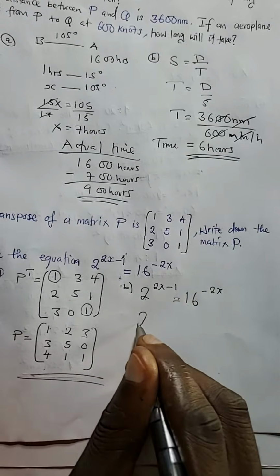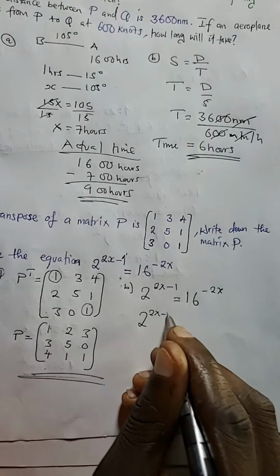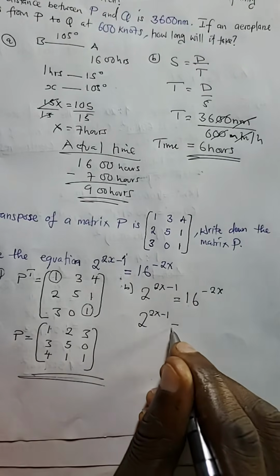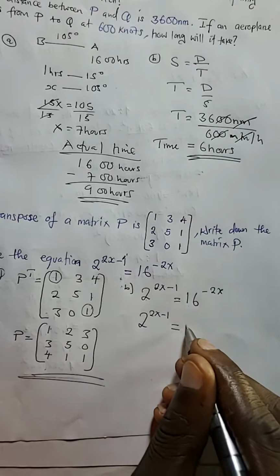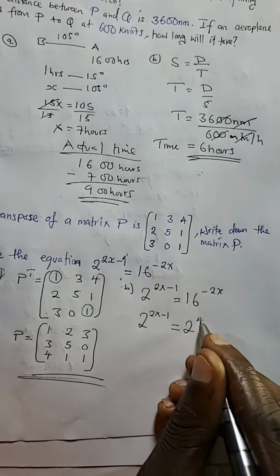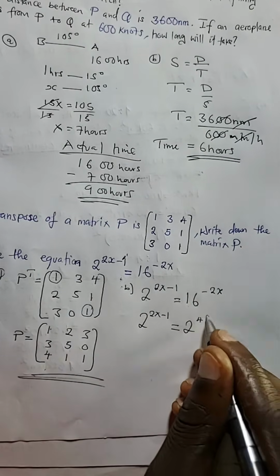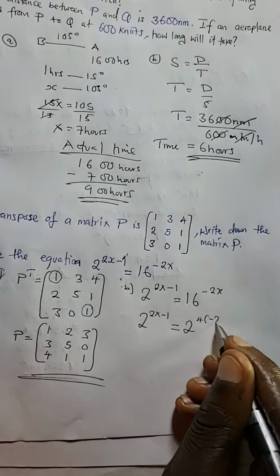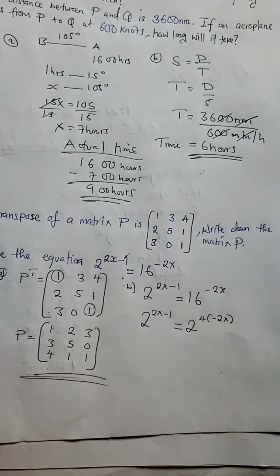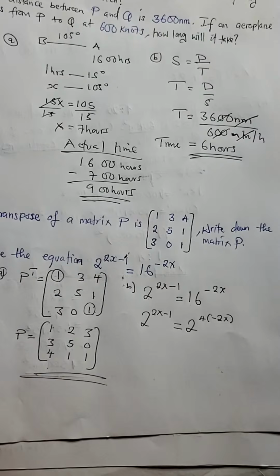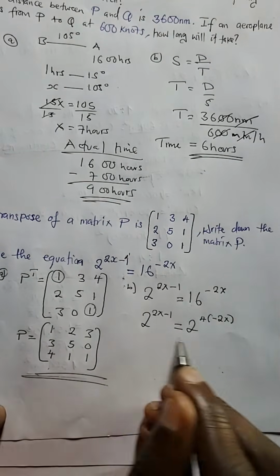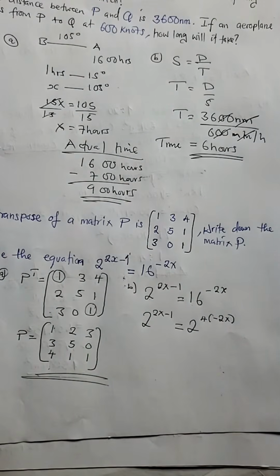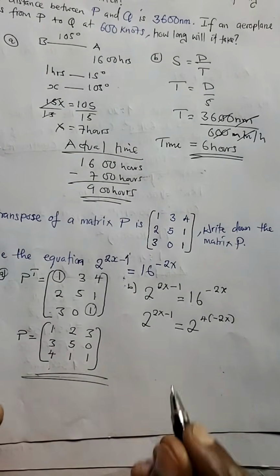So here you can say 2 to the power 2x minus 1, the way it is in the question, is equals to 16, which is the same as 2 to the power 4. But we already have a power which is negative 2x here, so we're going to leave it the way it is. Then bases are the same, just get the powers.